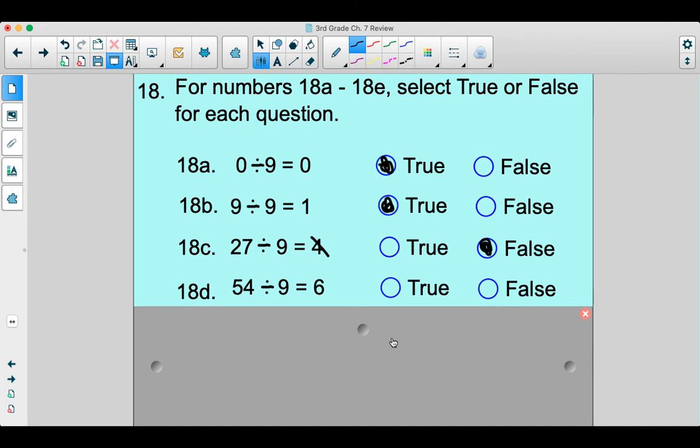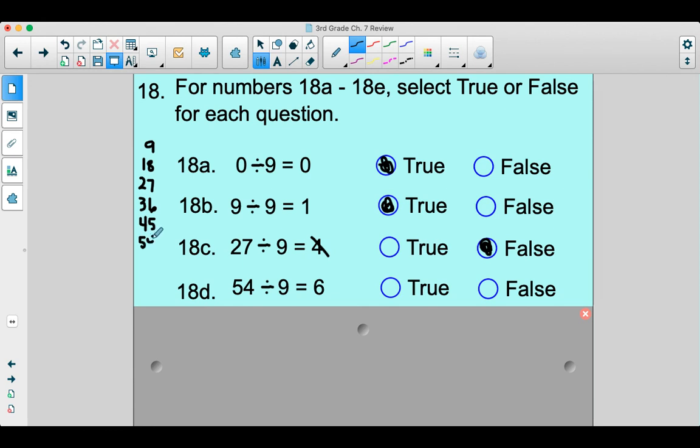54 divided by 9 equals 6. And let's see. Maybe you know how to count by your 9s, or maybe you're learning how to write your 9s going down. 9, 18, 27, 36, 45, 54.